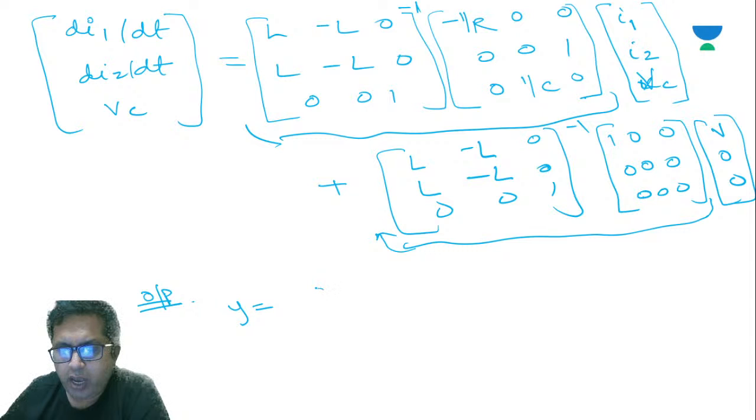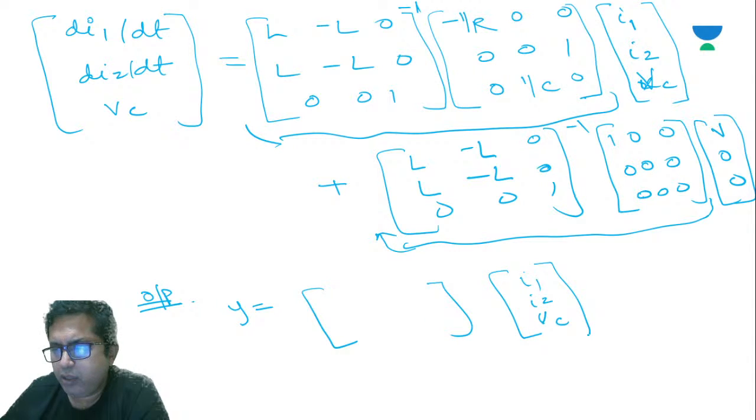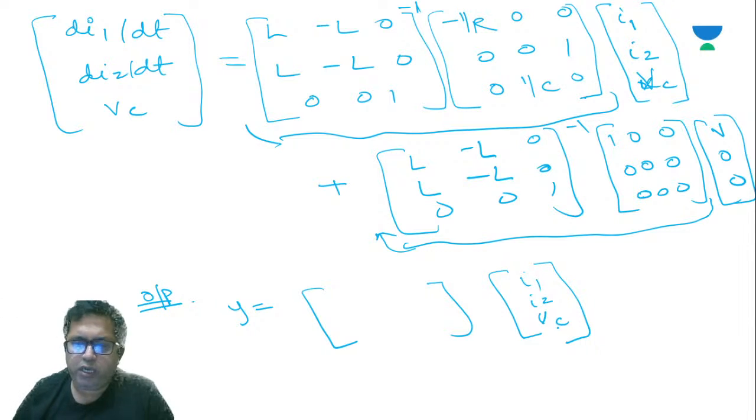Y is equal to I1, I2, VC. This equation I want. How to calculate this equation?